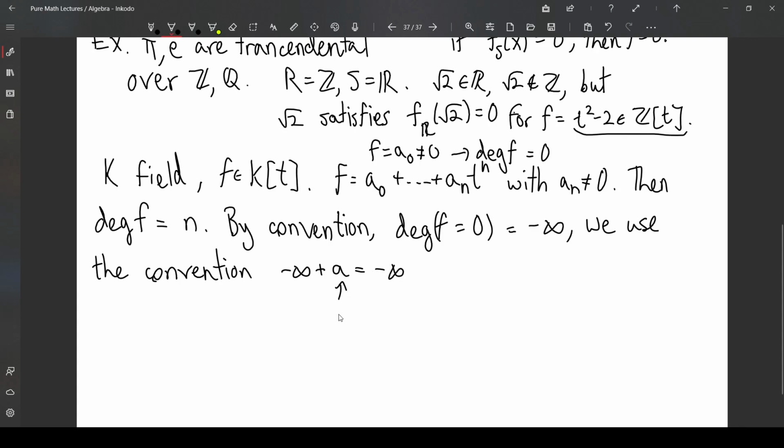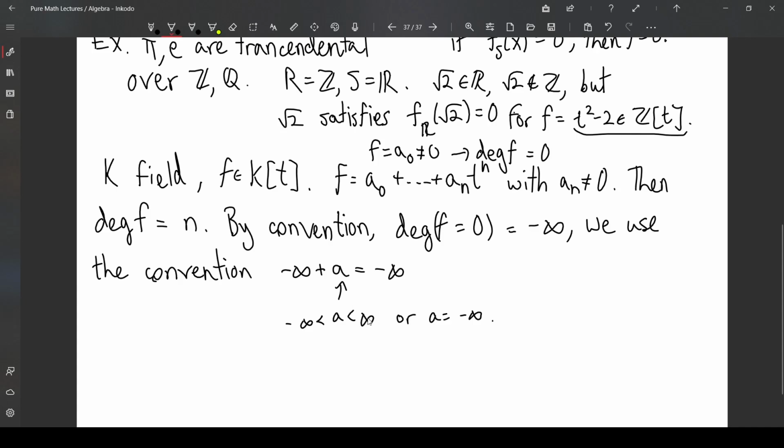And so here, a is either a non-infinite number, or a is equal to minus infinity.